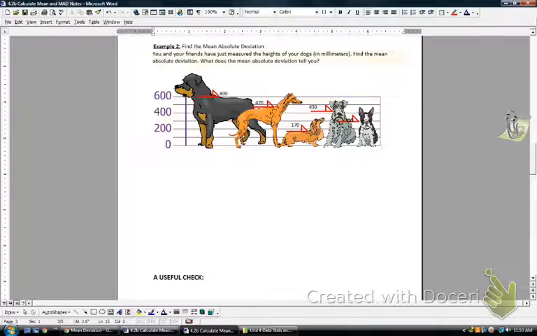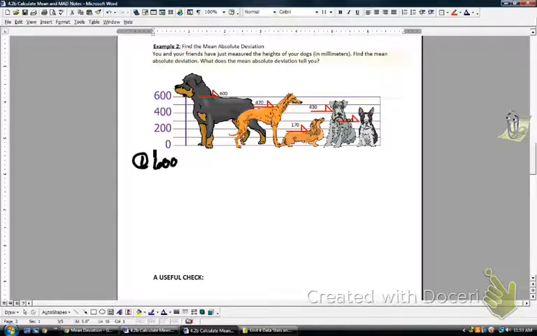All right, example 2 says find the mean absolute deviation. You and your friends have just measured the heights of your dogs. Find the mean absolute deviation. What does this mean absolute deviation tell you? All right, so go ahead. The first step, we're going to add the heights of the dogs together.